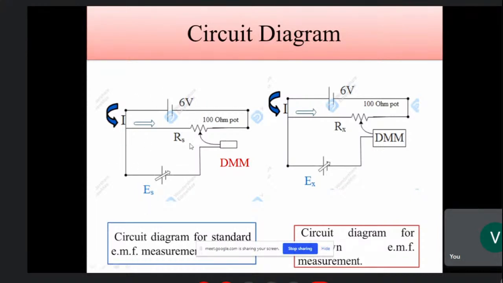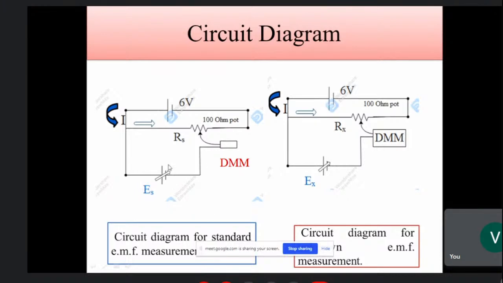This is the circuit diagram. This is a 6 volt power supply, and current will go that way, and this is a variable power supply or variable source.